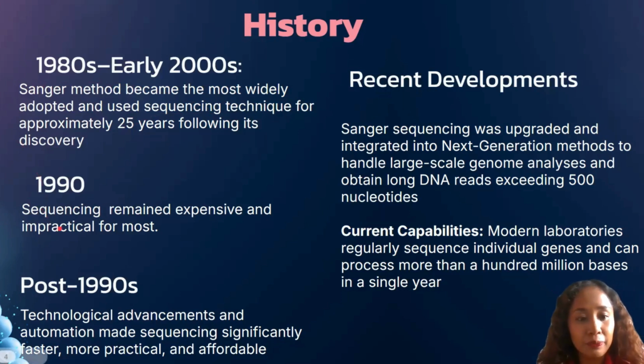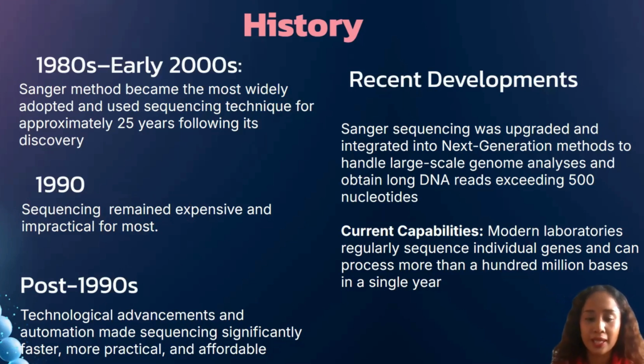In 1990, sequencing was expensive and impractical for most. Isn't it that in 1990 this was the start of the Human Genome Project? The Human Genome Project lasted for about 13 years, and it was so expensive and impractical because they could only read short sequences at a time.